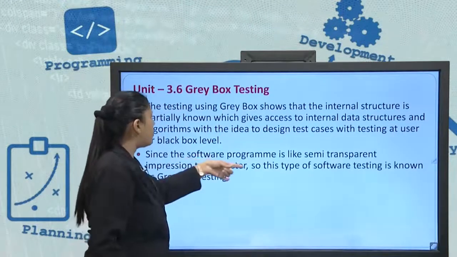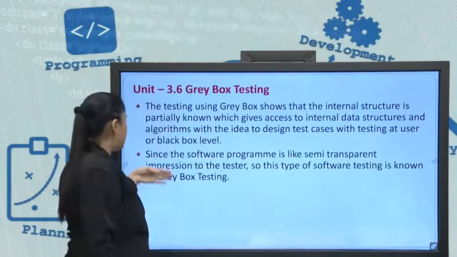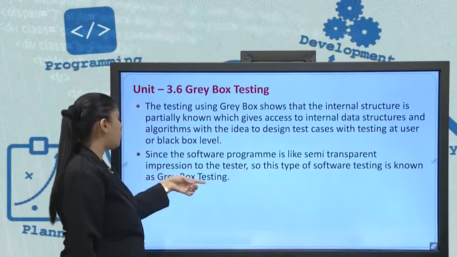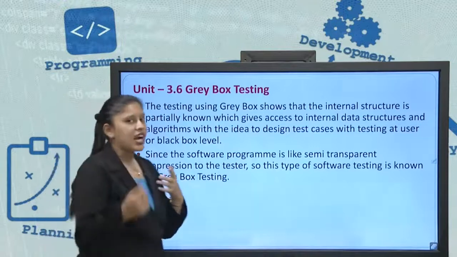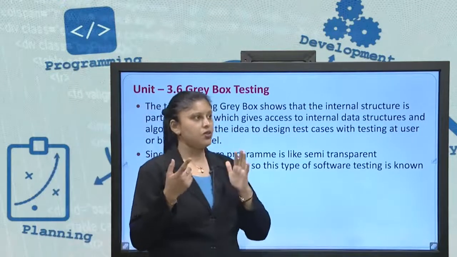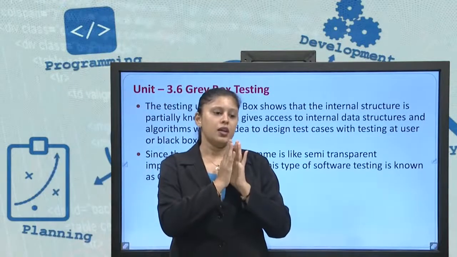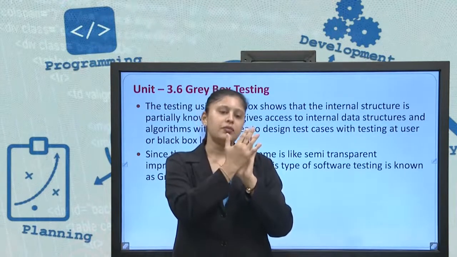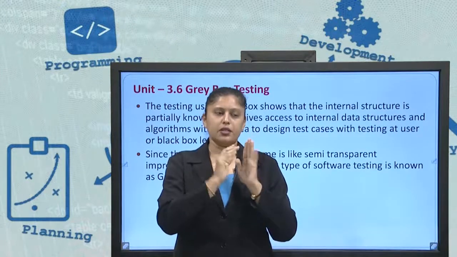Since the software program is a semi-transparent impression to the tester, this type of software testing is known as Greybox testing. It is a translucent kind. Now what is translucent? Translucent is something where you cannot see the entire picture, but you get something semi-transparent.